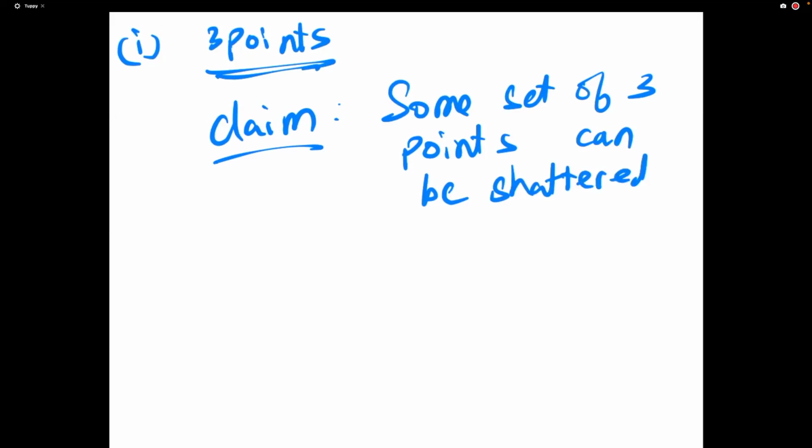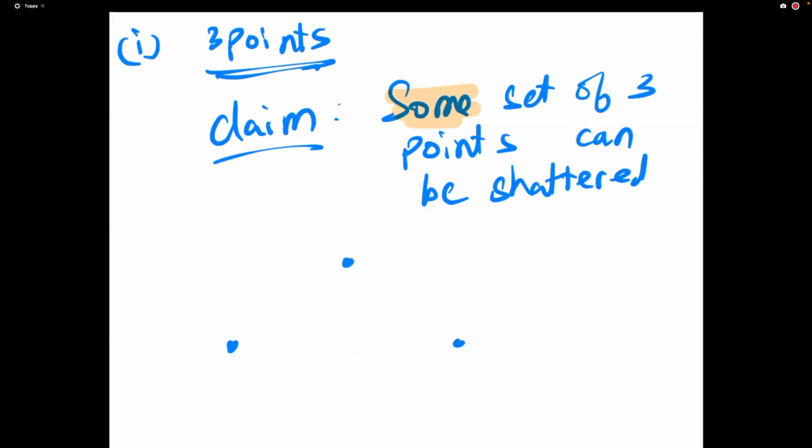And the key word here is some. My goal is to prove this claim. If I want to prove it, it doesn't make sense to use this set, because this cannot be shattered. Instead, I'll use this set.